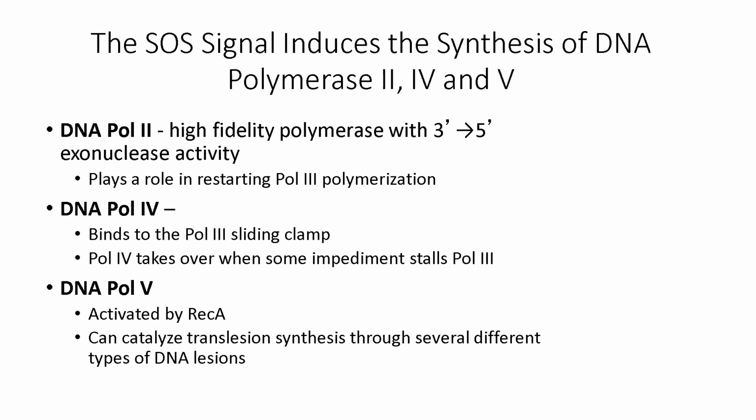Polymerase V, activated by RecA, is the main translesion polymerase. It is capable of synthesizing DNA across a wide variety of lesions, including thymine dimers and abasic sites. While these enzymes are more error-prone, they provide a temporary solution that allows the cell to complete replication and divide.